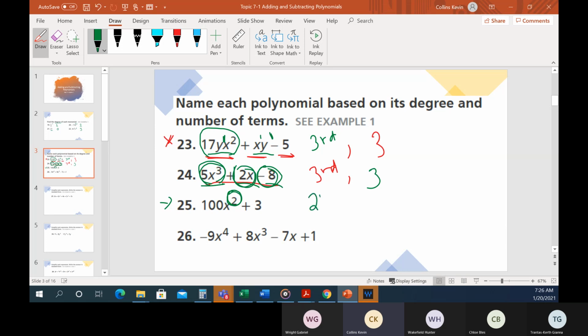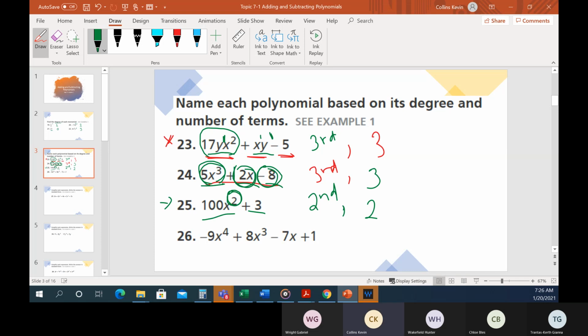So that's going to be a second degree polynomial. How many terms do we have? Just kind of think of it as stuff that's separated by pluses and minuses. Yeah, so there's only 2 terms, right? There's 1, there's 2. Beautiful. All right, how about the last guy?